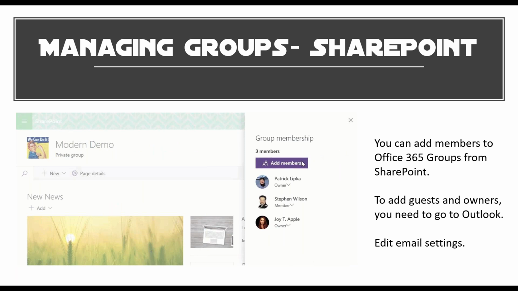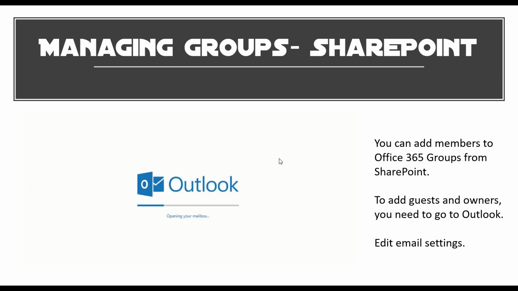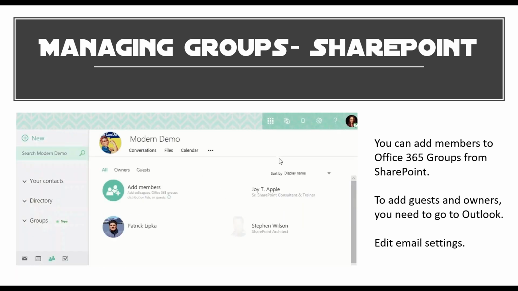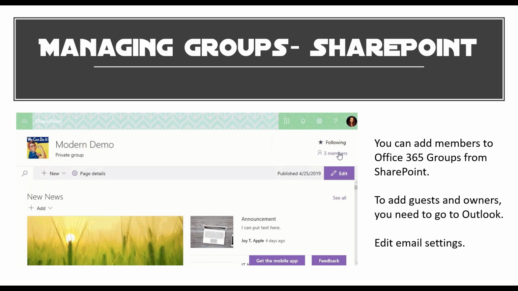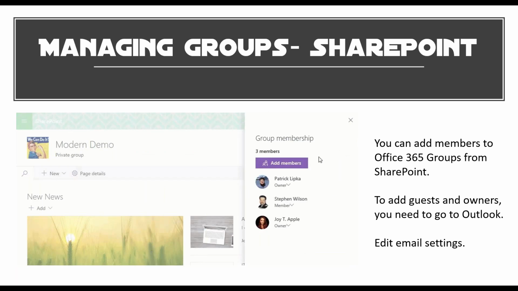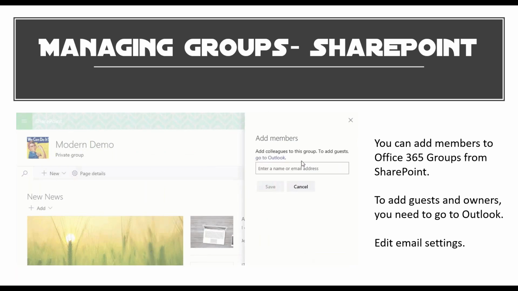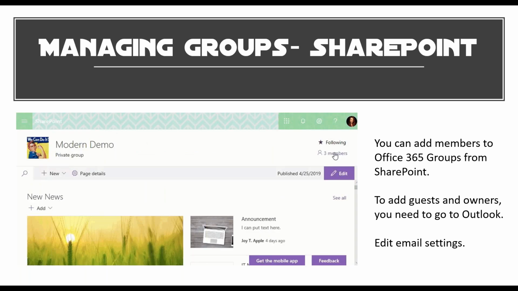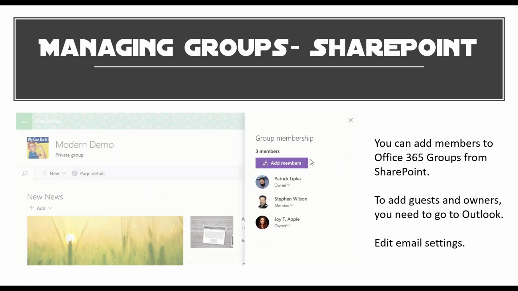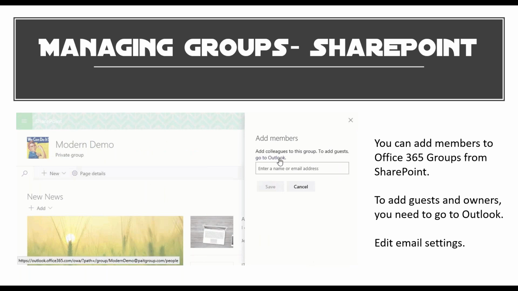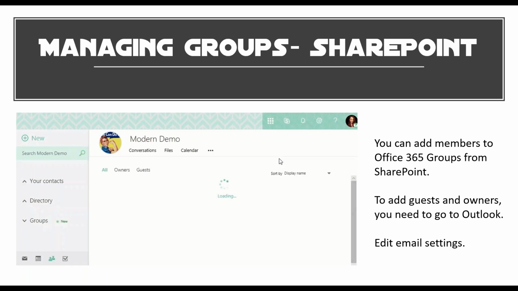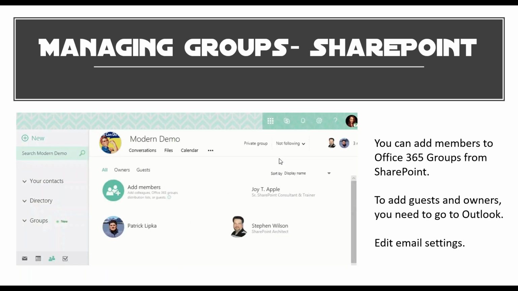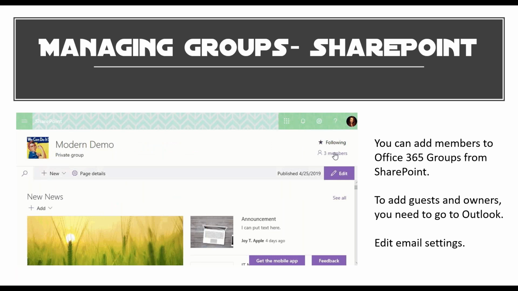It's like our visitors in SharePoint. It takes you to Outlook, to that group resource where you have the calendar and inbox that you share, and you can manage things there. You can also edit the email settings for the group, like, do you want to be copied in when someone else sends an email from the group? Little things like that. So SharePoint's one place you can start managing your Office 365 groups.